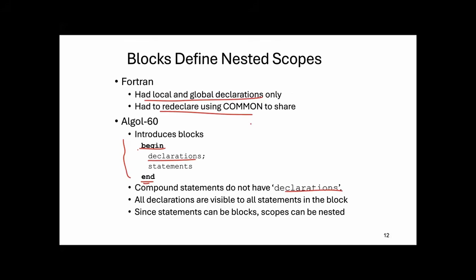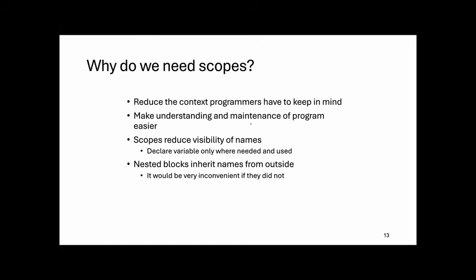So in Fortran, in Algol, that was a change. In Algol, that was changed to something different to make it much better in sharing and how the variables were declared and the scopes of variables. Now, why do we need scopes? Why do we need to have the whole thing about blocks and the scope of variables and the declaration where it happens?